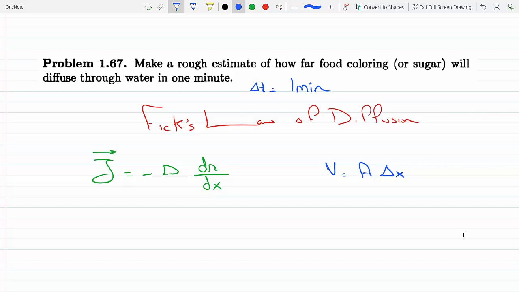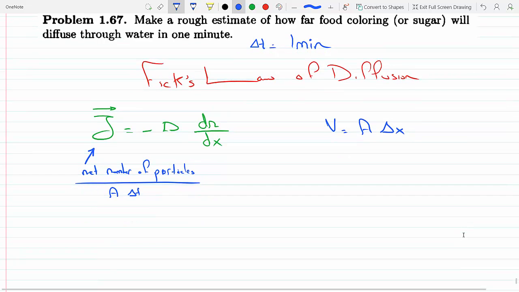If we apply this to Fick's law of diffusion, J is the flux, which means the net number of particles crossing any surface per unit area per unit time, delta t.